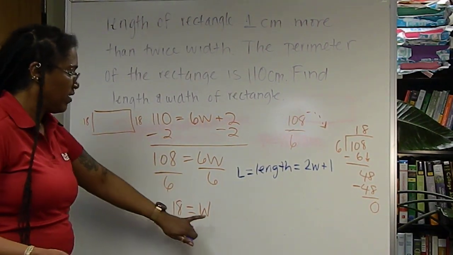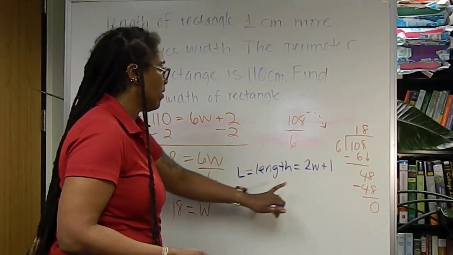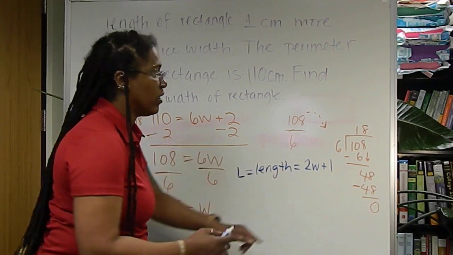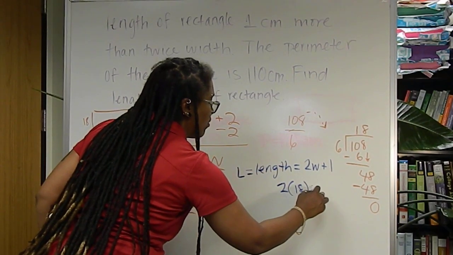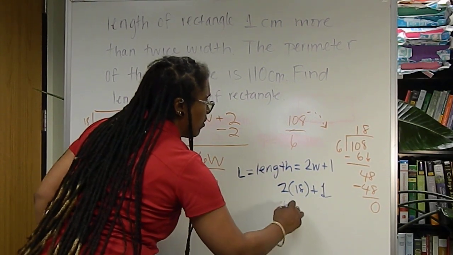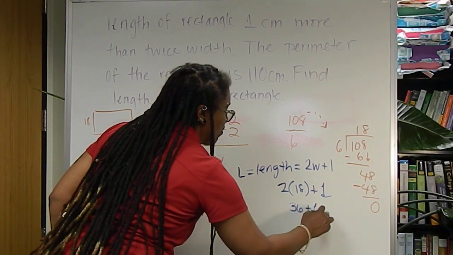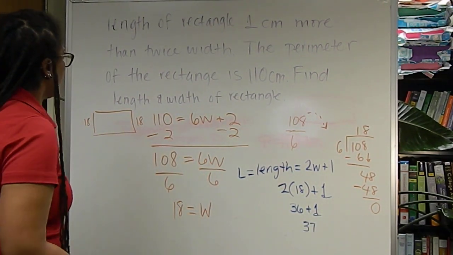So now that we know that W is 18, you go back to what you identified for L. Because L is equal to the length, which is equal to 2W plus 1, you plug in what W is, and 2 times 18 is 37, right?